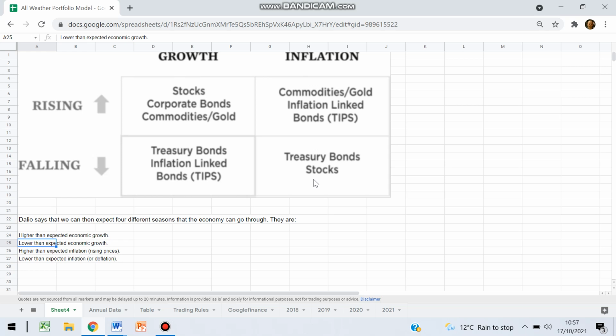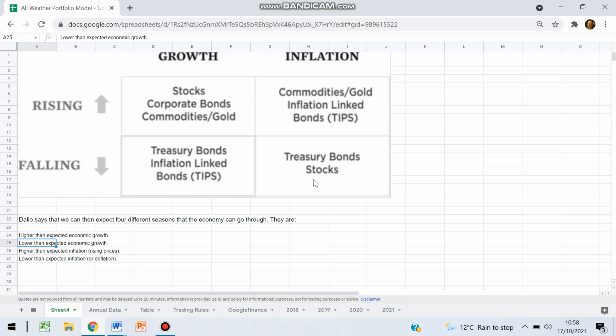When growth is falling, there's a bit of a flight for quality, and treasury bonds and inflation-linked bonds can do well. Here, the expectation is that interest rates will be cut as a result of lower expectations of growth.